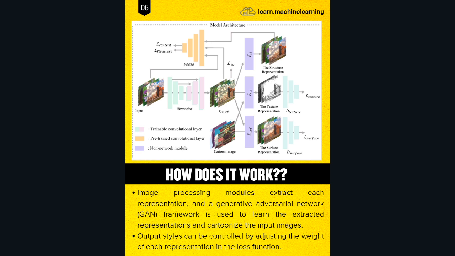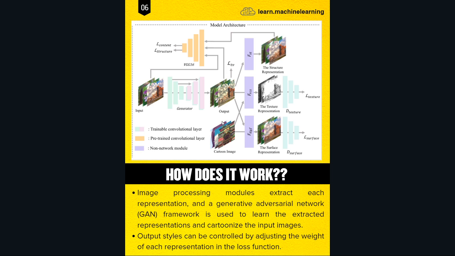So how exactly does this model, this white box cartoonization, work? We have three representations, and we extract the representations of the input images and the cartoon images, and then we use GANs. Do you know what exactly a GAN is? I'll explain that.